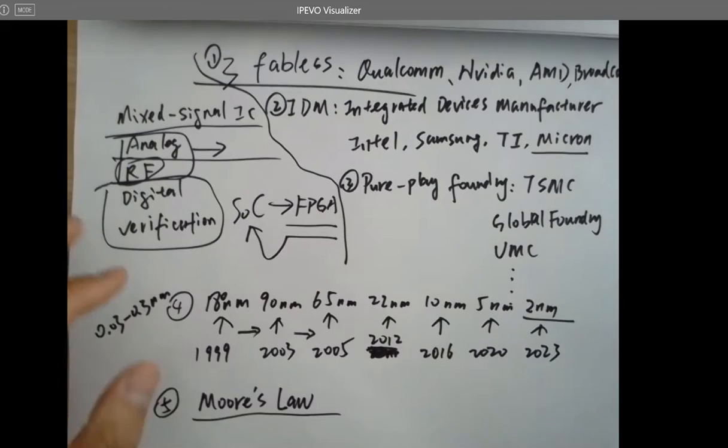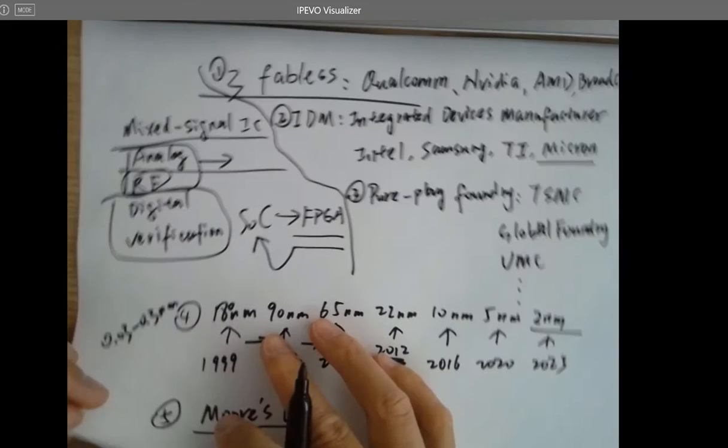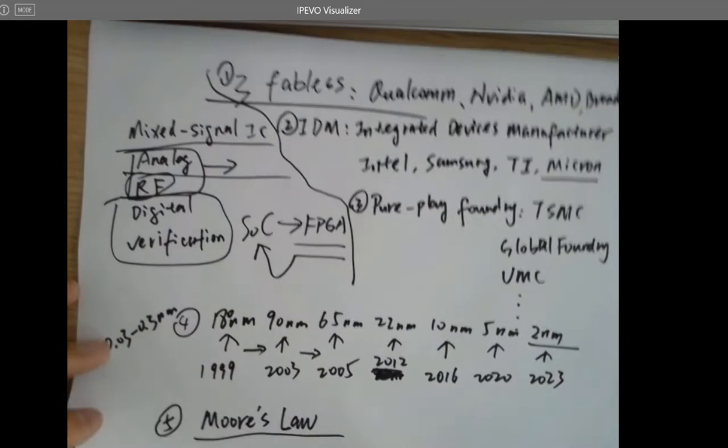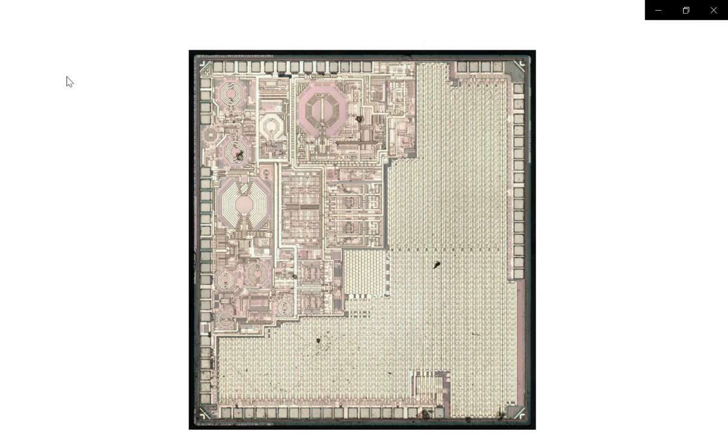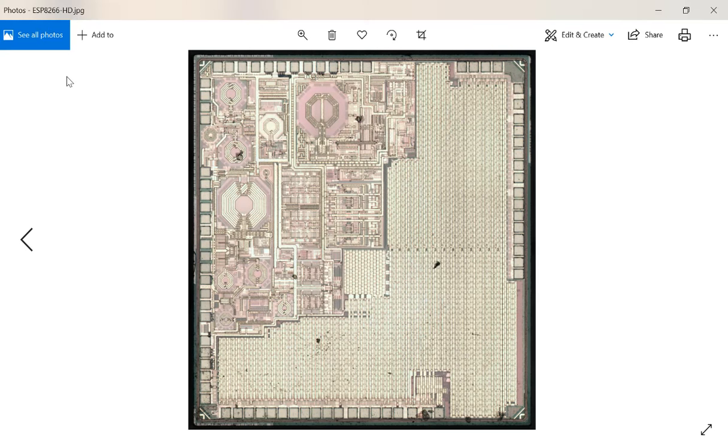And before we move to DRAM, I'm going to show you one interesting thing I just found, because I remember a couple weeks ago in a lab, I just did a random search with James, and I saw a die of the ESP8266. Did you use it in microcontrollers, right, for the wireless communication?